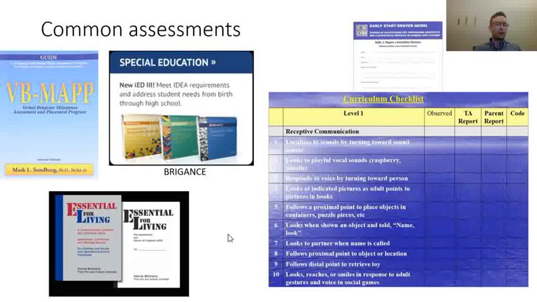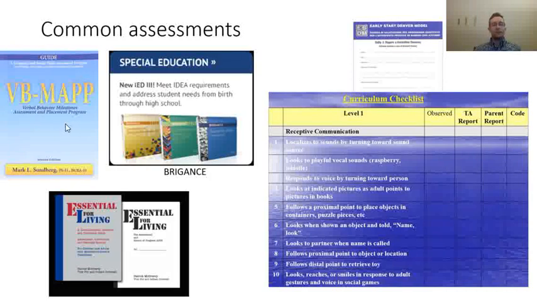So here are a few common assessments. The first is the VB-MAP, also known as Verbal Behavior Milestones Assessment and Placement Program. And so it's primarily assessment, but there are some guidelines for curriculum as well in the VB-MAP.